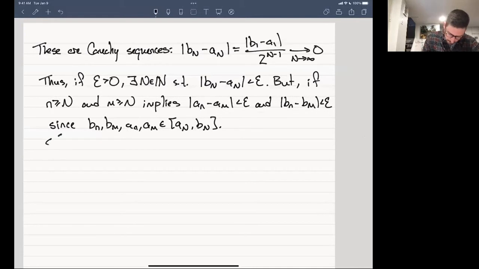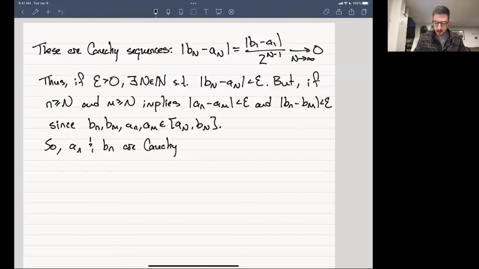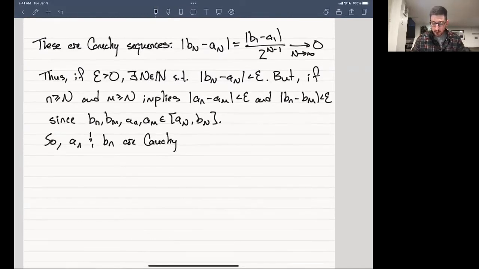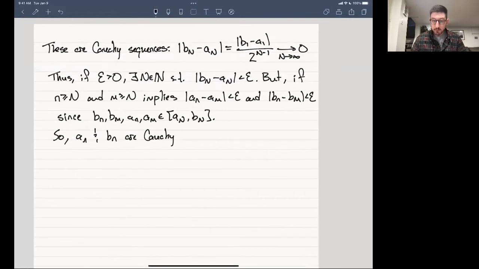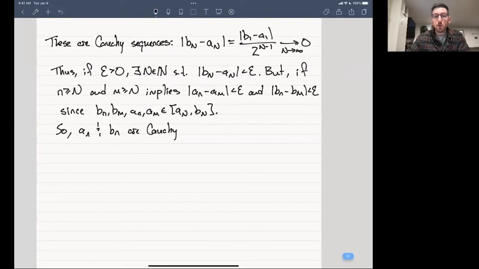So AN and BN are Cauchy. And so from the completeness axiom, these are real numbers. Remember, this S is a subset of the real numbers. And so therefore, they are going to converge.